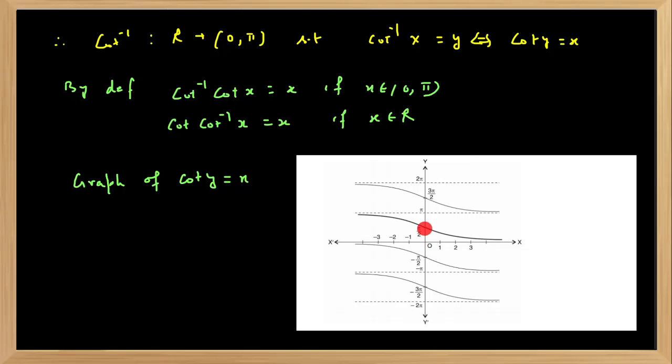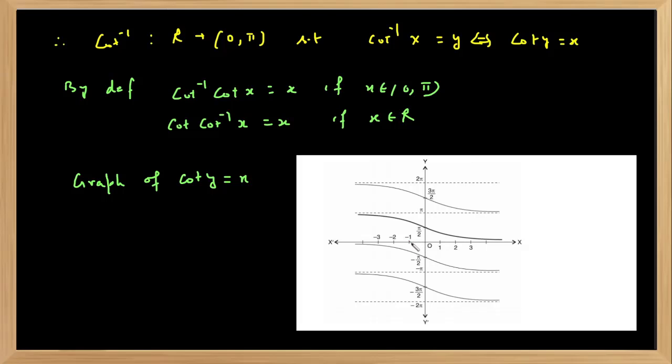Then cot pi by 4 is 1. Cot inverse 1 is pi by 4. Cot pi by 6 is root 3. Pi by 6 is somewhere here. Cot inverse root 3 is pi by 6. So you can join this way.